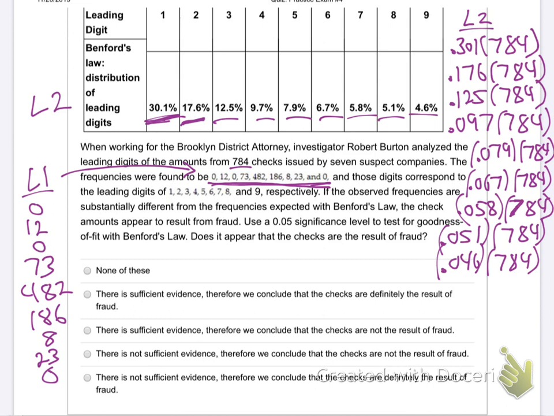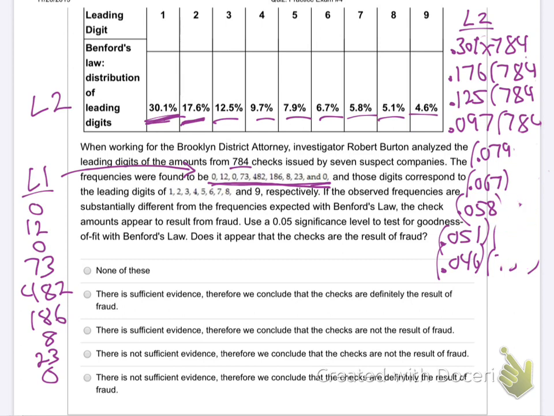I wrote all those parentheses. You don't really have to. I probably shouldn't have done that. It's just times. I hope I'm not confusing you. All you need is a times there. You don't need a bunch of parentheses on any of these numbers.